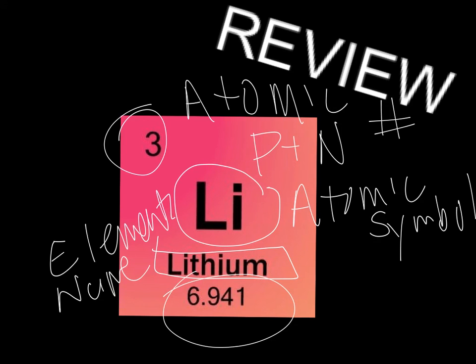While this decimal number at the bottom is going to be our atomic mass. And that's represented by our protons and our electrons. So remember, to find our protons and neutrons, we look at atomic number. To find out our electrons, we have to do that little bit of math where we take atomic number and subtract from our atomic mass.